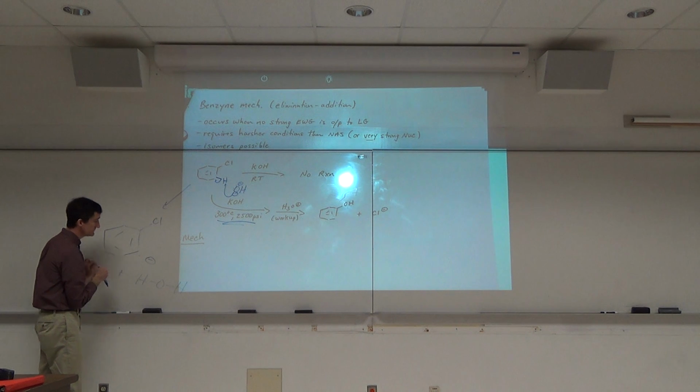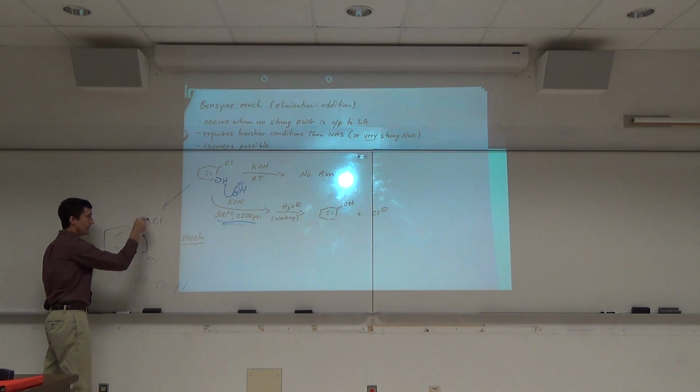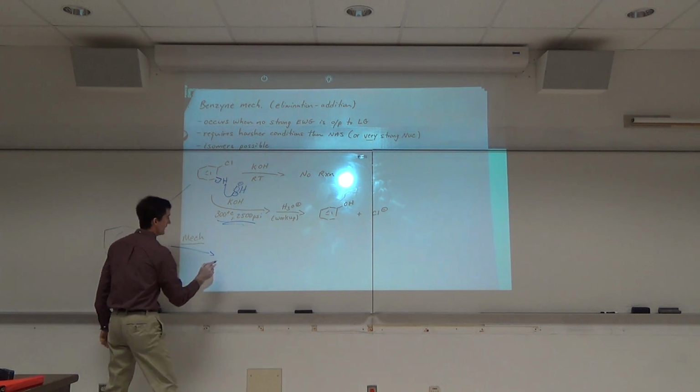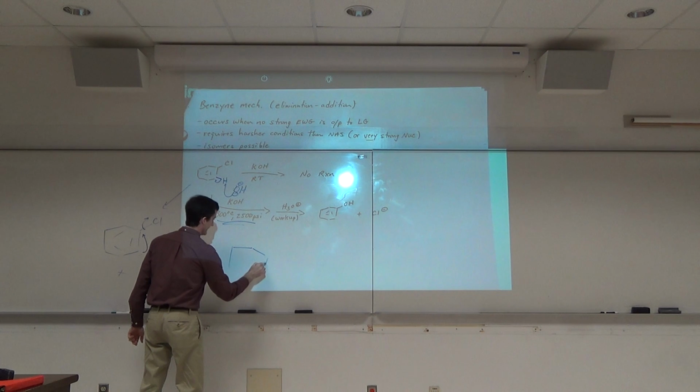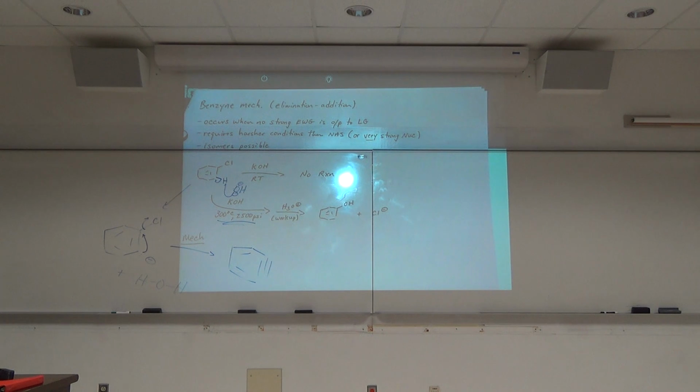But from here, this is then known to move in and kick off this. And what does that give? Benzyne. That gives a triple bond in the ring, like an alkyne, with a -yne ending.